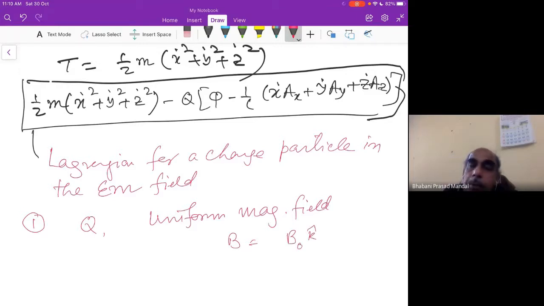If I have a magnetic field in this direction, to find the Lagrangian I have to find the potential. This is the magnetic field, so what will be the A? This is the question.